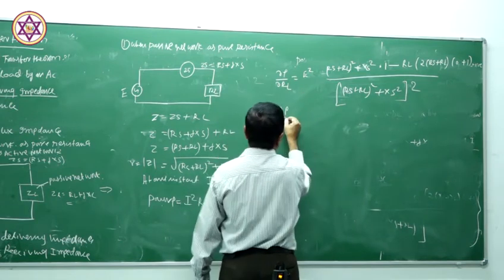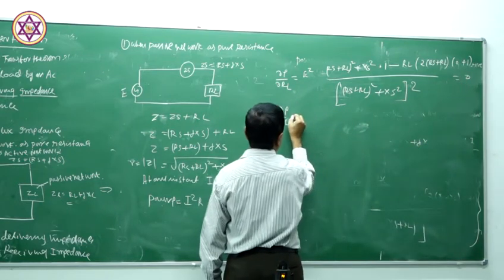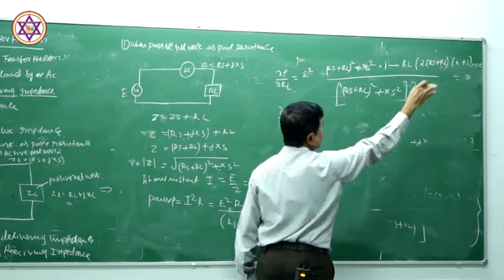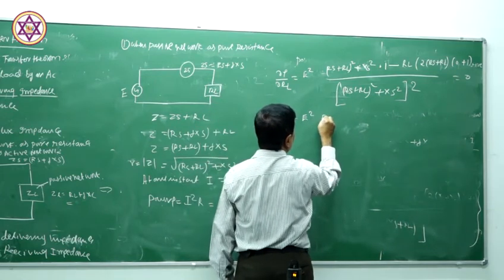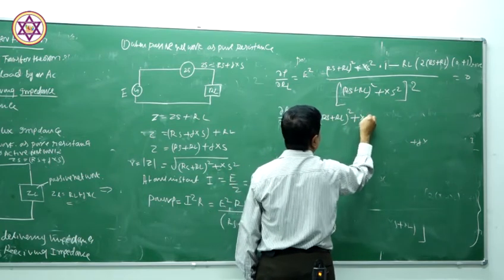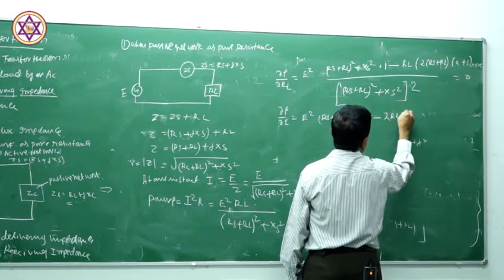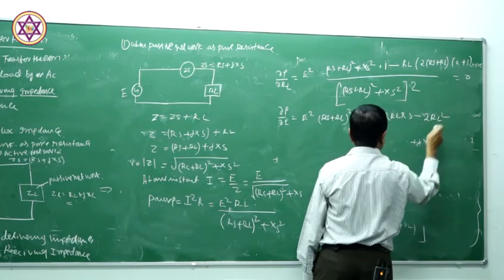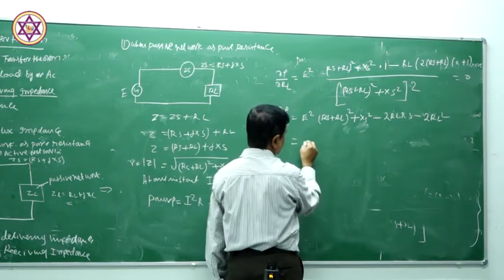So I am going to equate dP by dRL equal to 0. Then dP by dRL is equal to E square, and the denominator gets cancelled. Only this is left with us: (RS plus RL) the whole square plus XS square minus 2 RL RS minus 2 RL square is equal to 0.